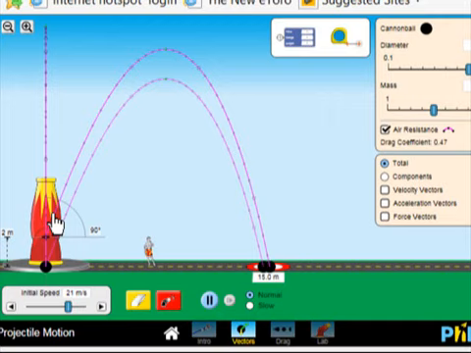Basic examples of projectiles are sports balls: cricket, rugby, soccer, and other types of projectiles.